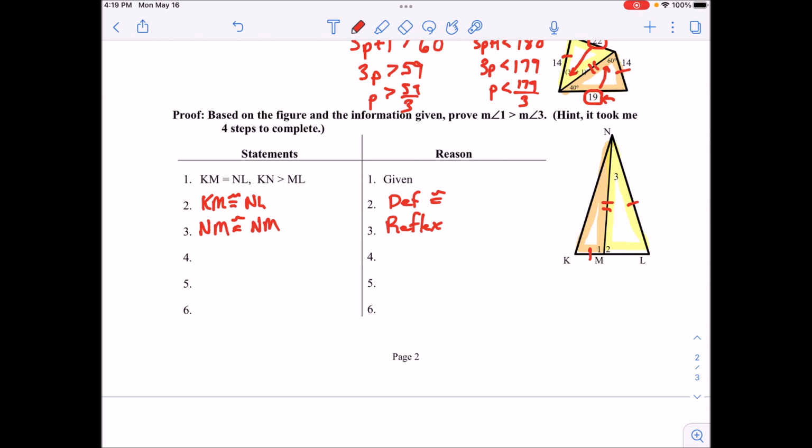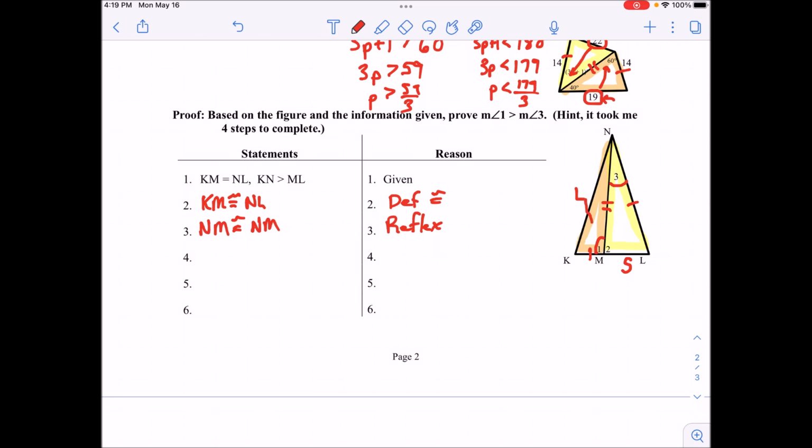That means that these angles that are formed by those respective sides, if they are unequal, then the sides are also unequal. Well, here it says that KN, according to my given, is larger, so I'm going to put L for larger, than ML, which is the smaller.